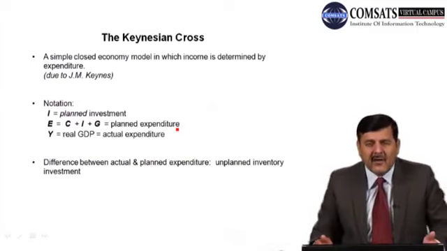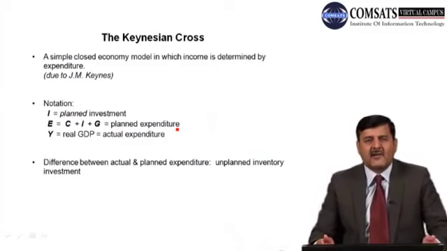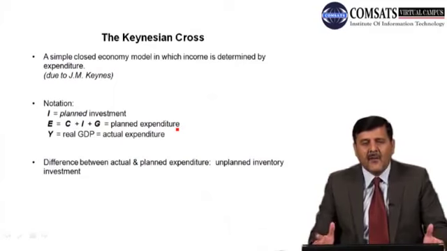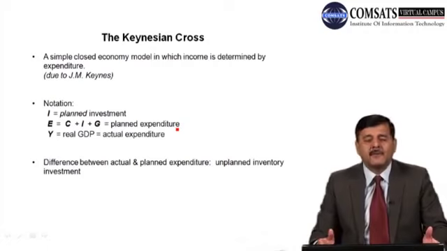The notations that we are going to use in this chapter are: I is used for planned investment, E is used for the planned expenditure, and as we know, planned expenditure is equal to consumption plus investment plus government spending. So planned expenditure is those expenditure which are planned by the individuals, by the government, by the individual investors, right? So that's why we call it planned expenditure.